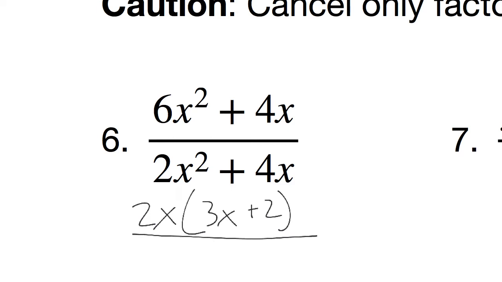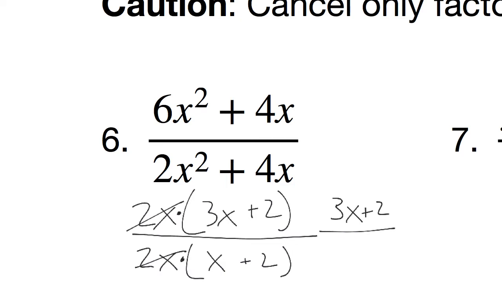And then factoring out the greatest common factor at the bottom, that's also 2x, and that's going to be x plus 2. Now these factors are separated by multiplication, so I can cancel these out. And I'm just left with (3x plus 2) over (x plus 2). That's the answer.